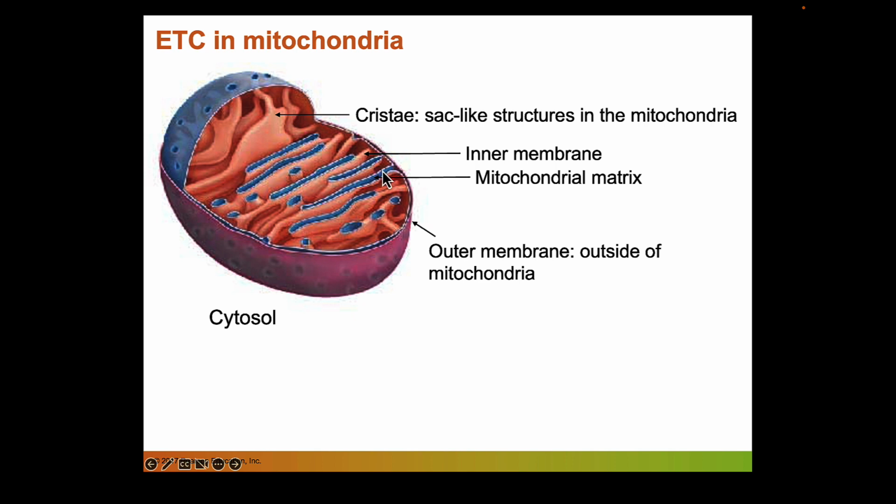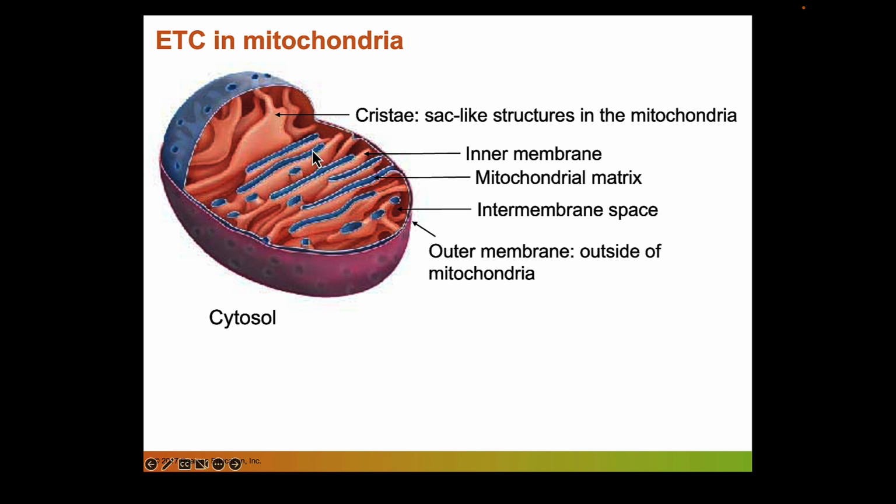The cristae can be separated into 2 parts. There's the membrane on the outside of the cristae. This is the inner membrane, and that's different from the outer membrane. And then inside the cristae, if we were to slice these open, is a fluid-filled compartment that we call the mitochondrial matrix.